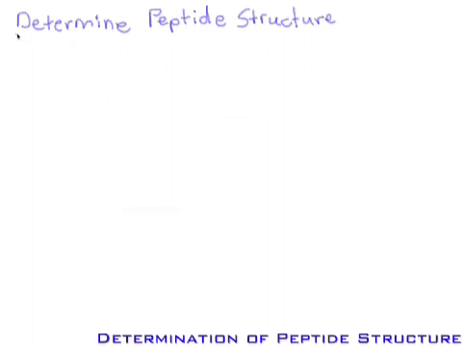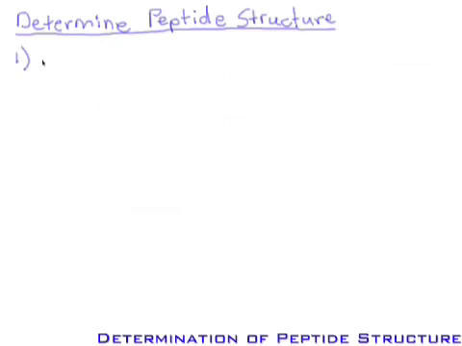Well, if we want to determine peptide structure, we can actually hydrolyze peptides into individual constituent amino acids.